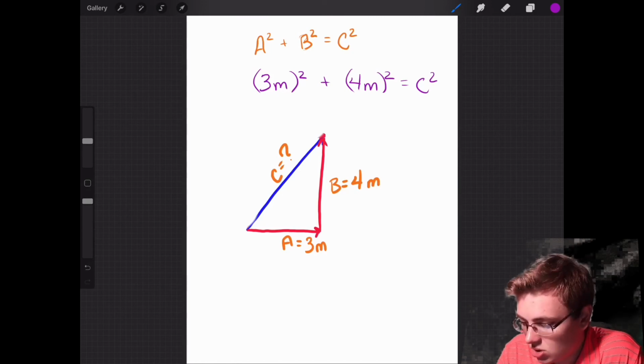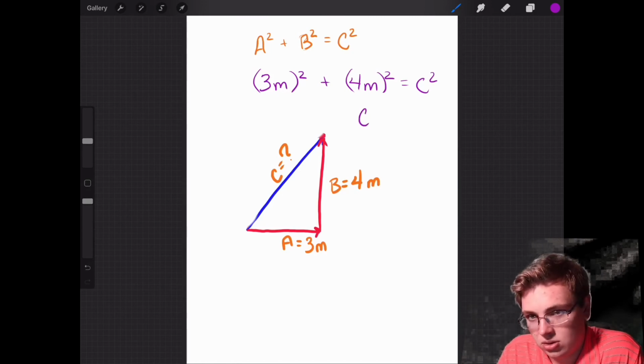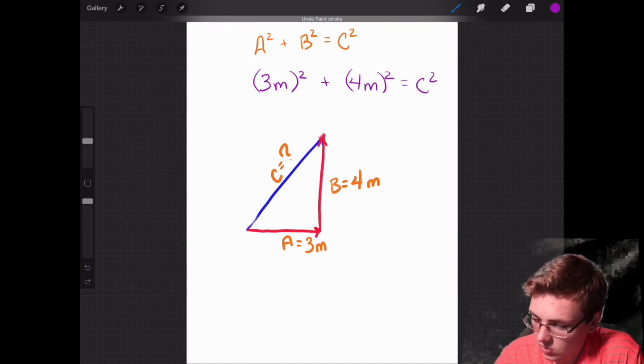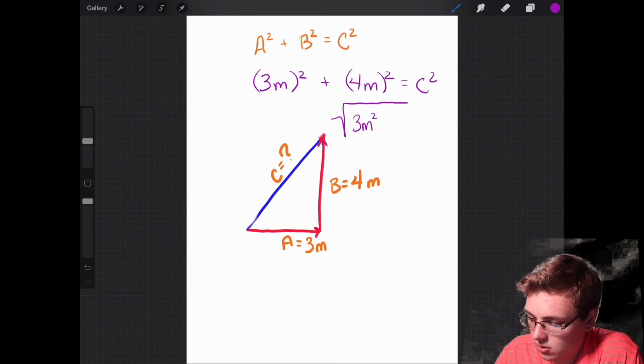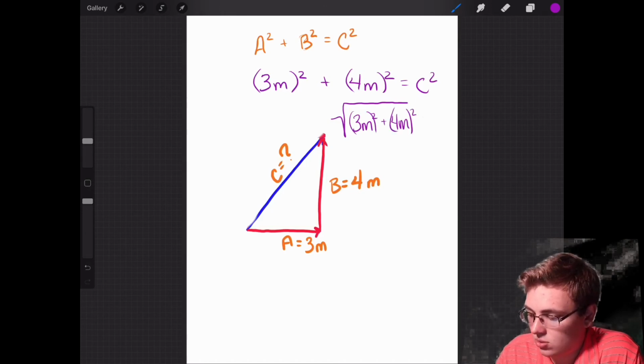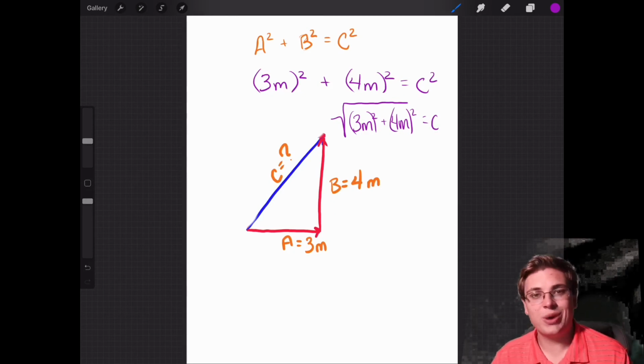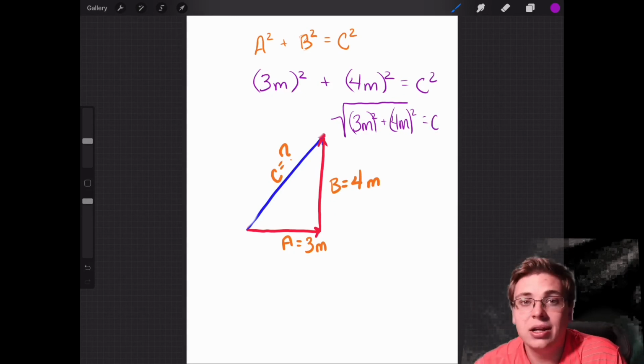Now we're still just looking for c. So we know the square root of 3 meters squared plus 4 meters squared equals our c. The square root, by the way, is just getting that squared on the other side. It's nothing to worry about.